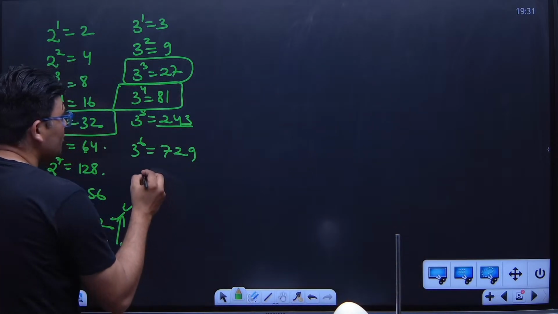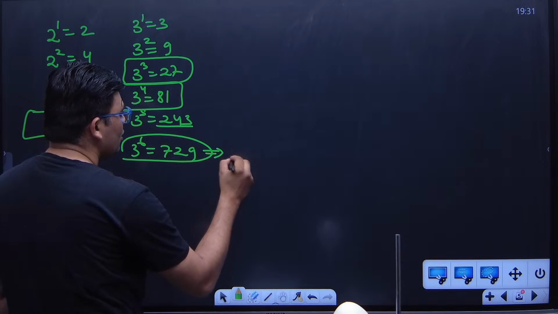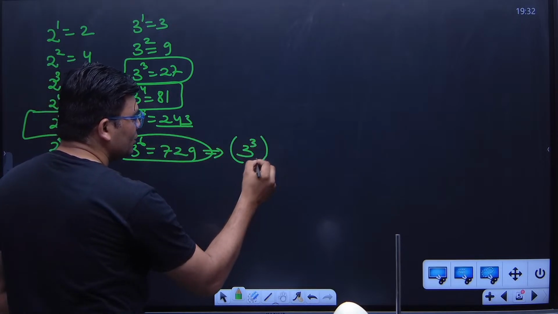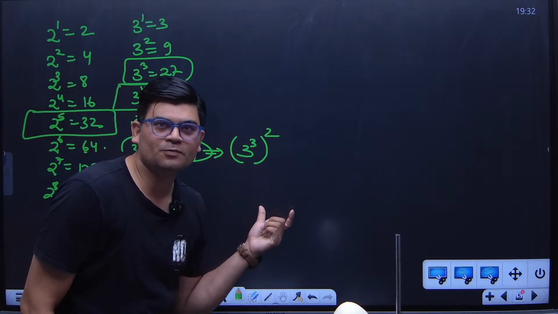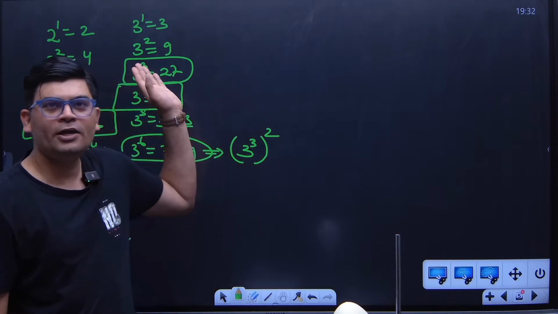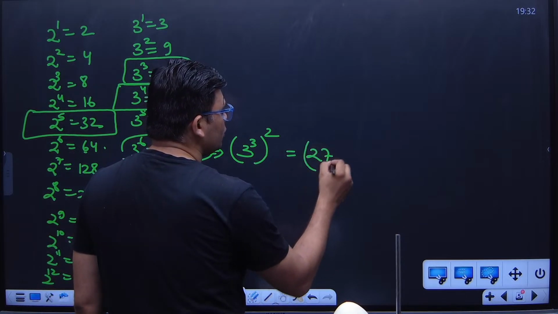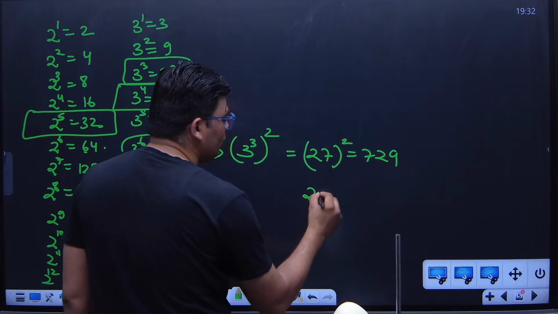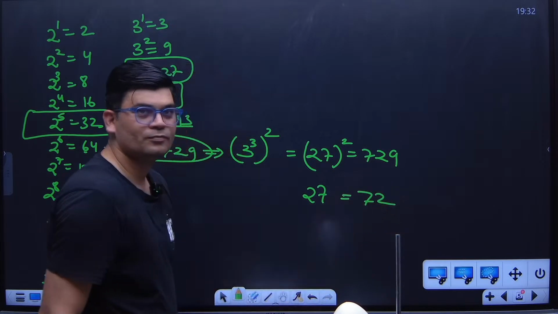Then 3 raised to the power 6 is 729. Now I am going to make you aware of one more thing. 3 raised to the power 6 can be rewritten as 3 cube whole square. See this? Fifth law of exponent. And 3 cube is already, you know, 27. So 27 square is also 729. And one more thing I am going to tell you: if you reverse 27, it is 72.